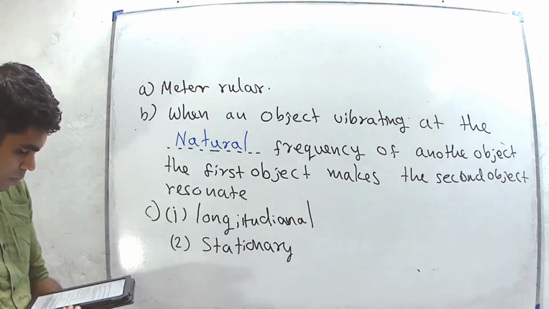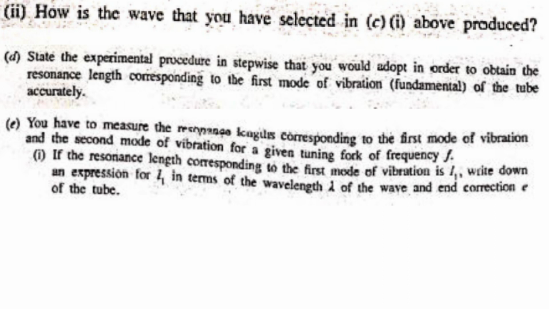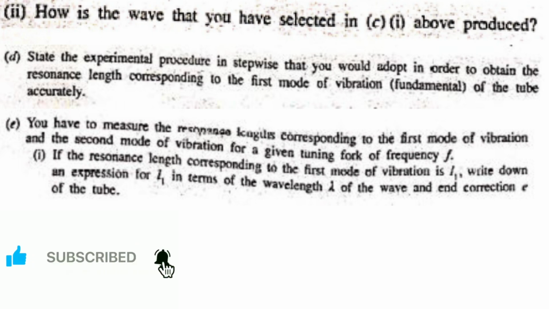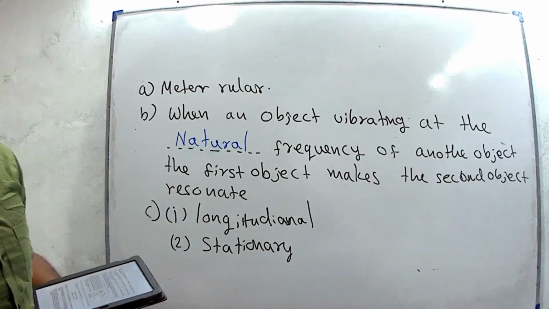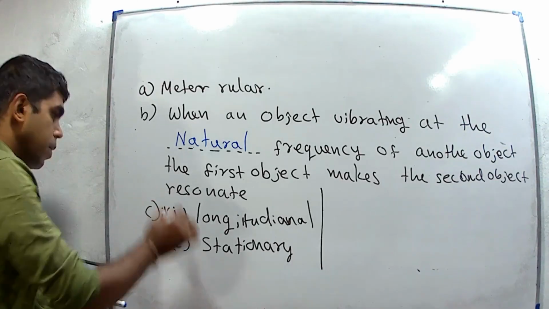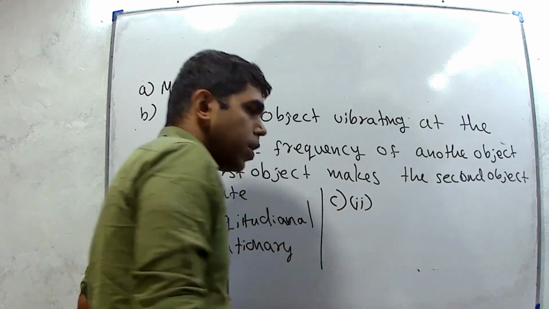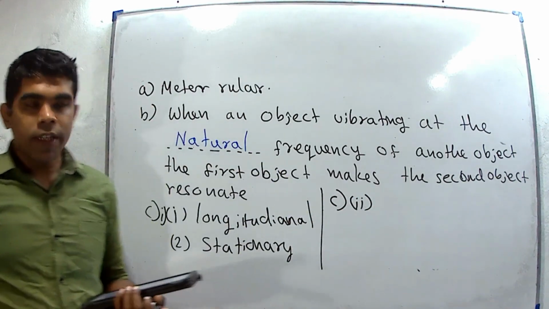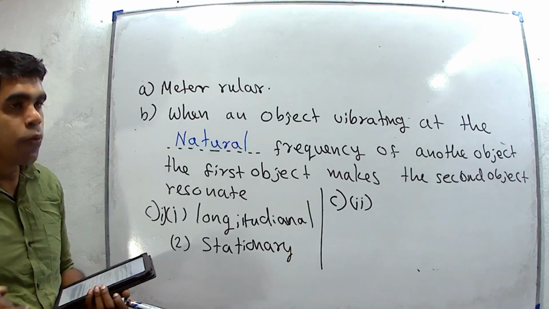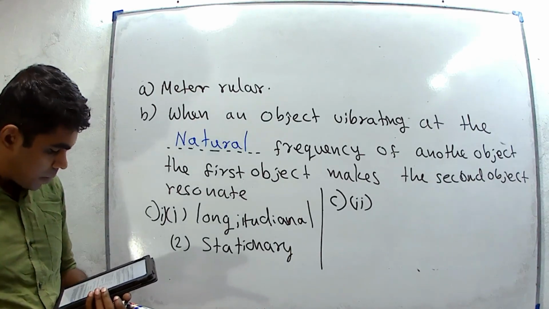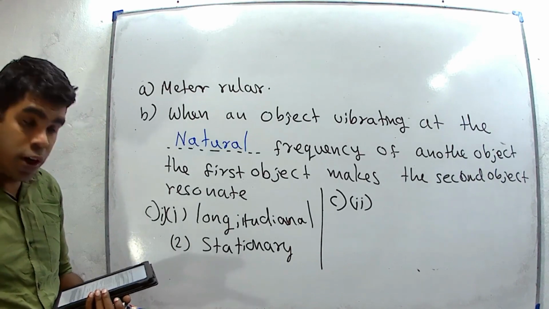In part 2, how is the wave that you have selected in part C1 above produced? You have to write the method, part C, Roman number 2. We know that there are two waves in the resonance tube.